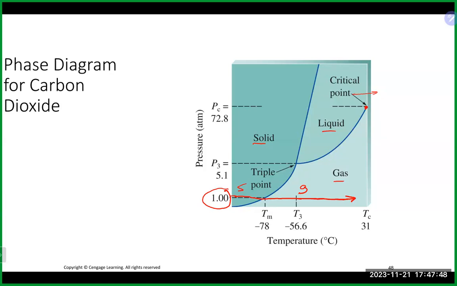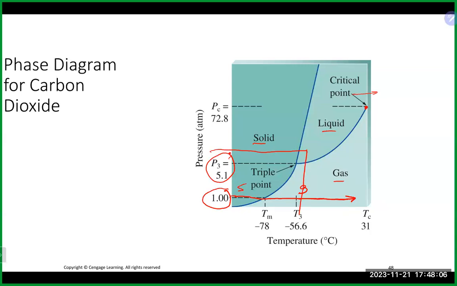If you wanted to force carbon dioxide or dry ice to go into the liquid phase, you would need to do what with the pressure? You've got to kick the pressure above 5.1 at least, right? And you also got to kick the temperature above that as well, right?